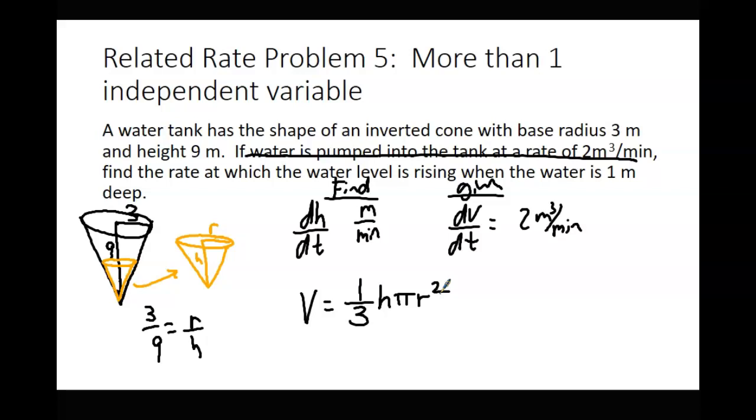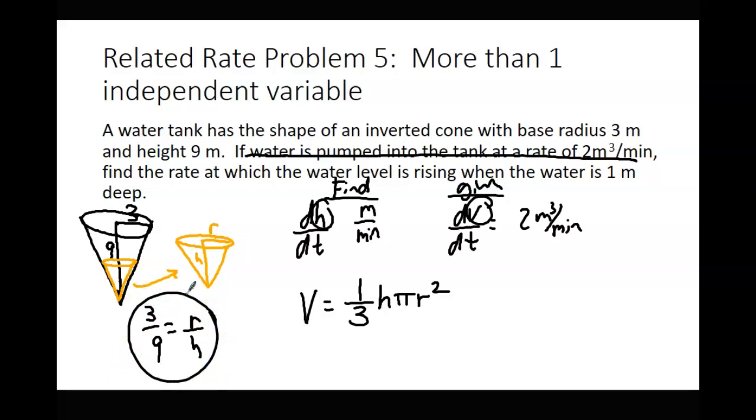All right, so now what variables do I care about in this problem? I only really care about height and volume. Which one do I not care about down here? Radius. It would be really nice if we could get rid of that somehow, right? And that's what this is all about over here. I can get rid of the r.